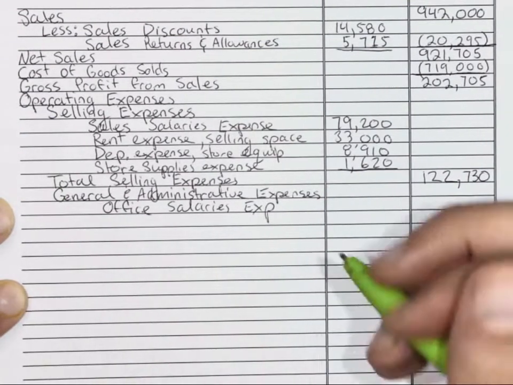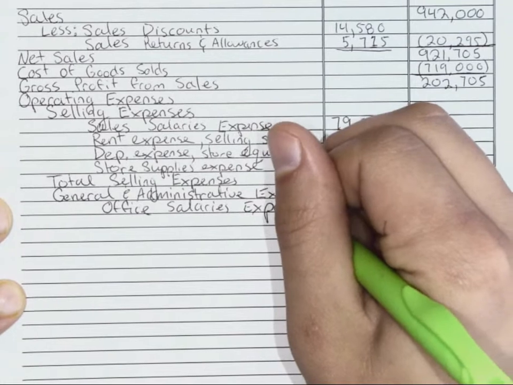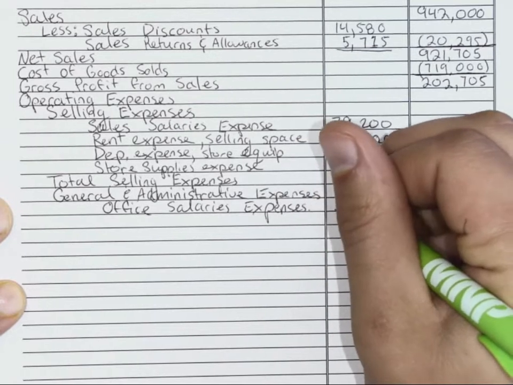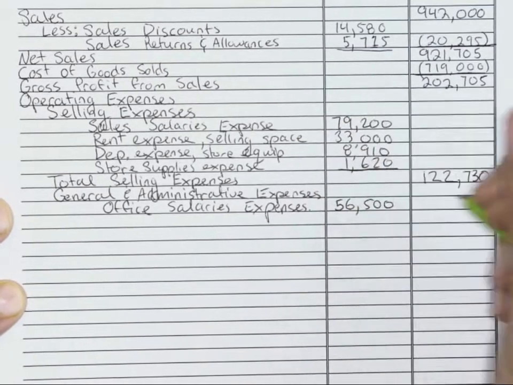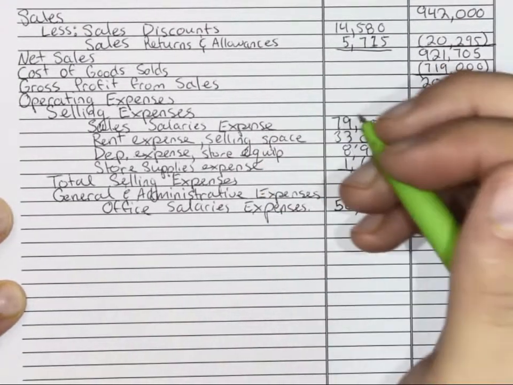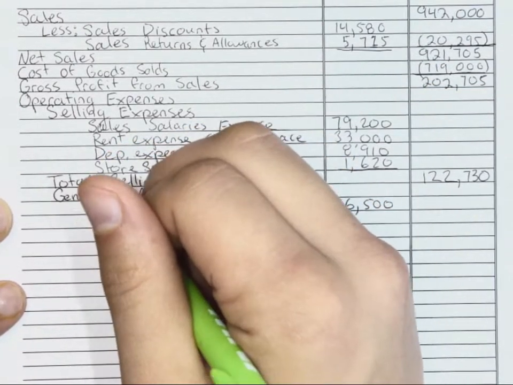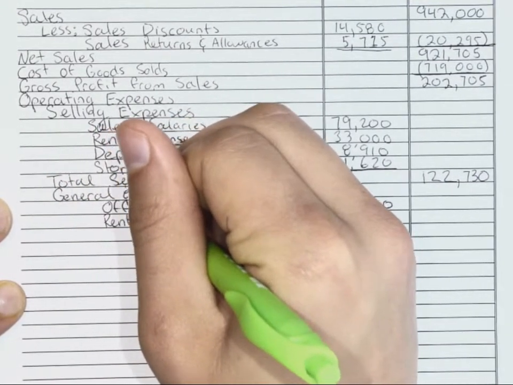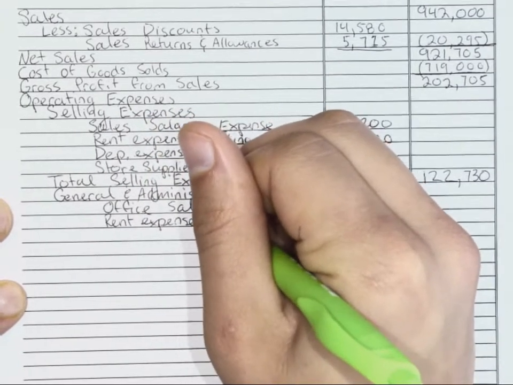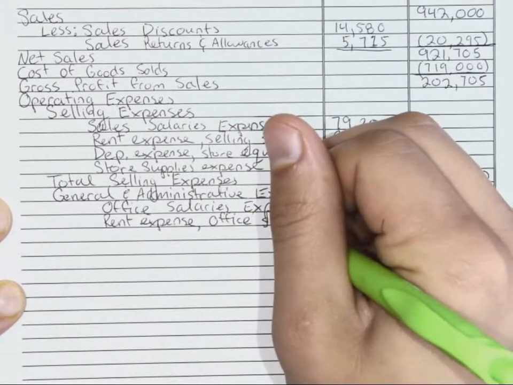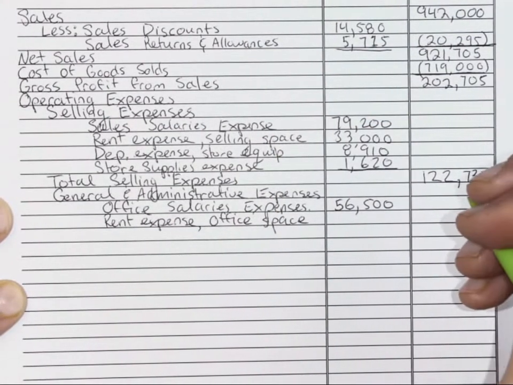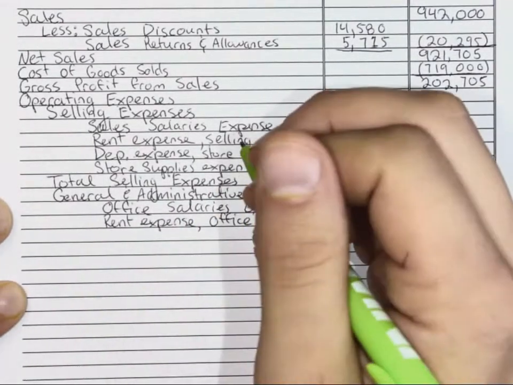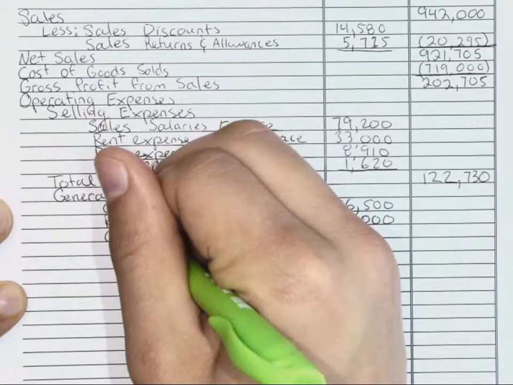These two classifications. What other? Office supplies expense. There's two more.